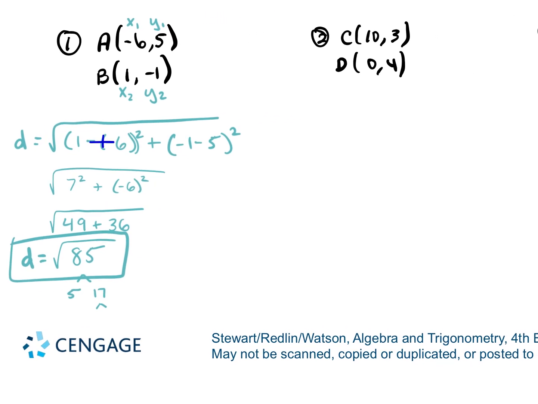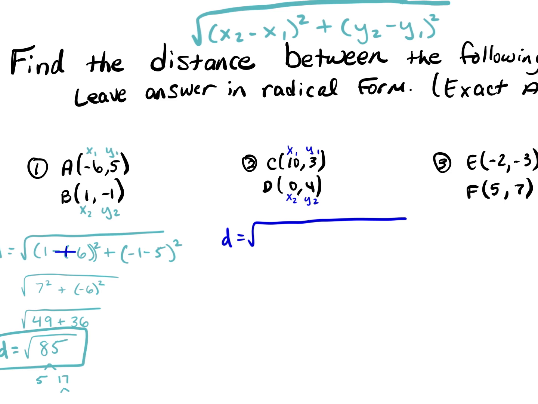Let's do it again with number 2. So I'm going to start by labeling my points. I have x1, y1, x2, y2. And then I'm going to plug it into my distance formula, which I have up here still. x2 minus x1, so that would be 0 minus 10 squared, plus y2 minus y1, so 4 minus 3 squared.